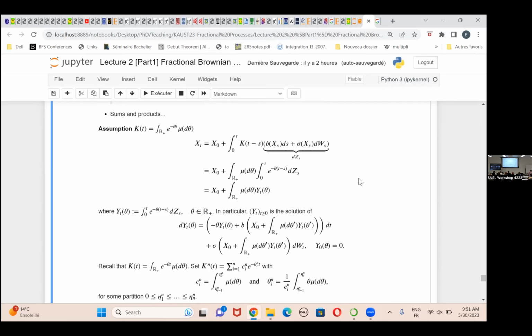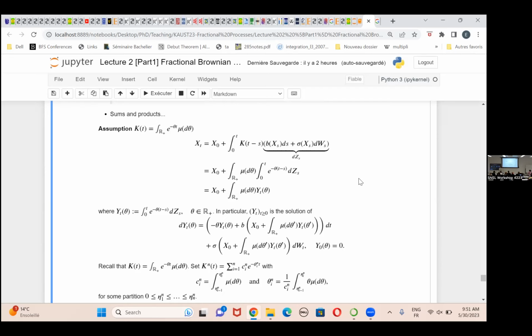So if I take k as a sum of exponentials, mu is just a sum of Diracs, a finite number of Diracs. This means that x is a finite sum of finitely many y's. So x, essentially, we're able to write it as Markovian in this y variable, which is finite dimensional, because the system of y is Markovian.